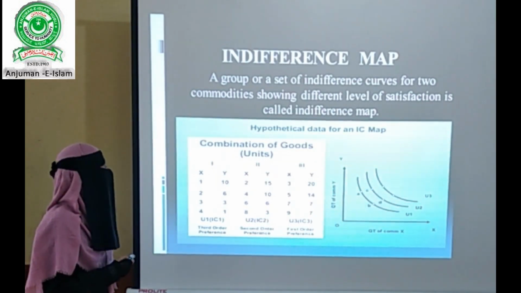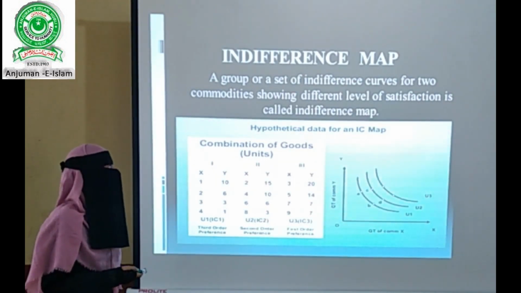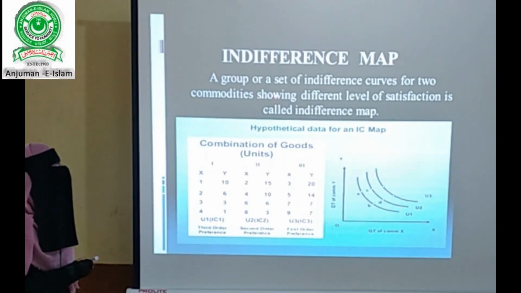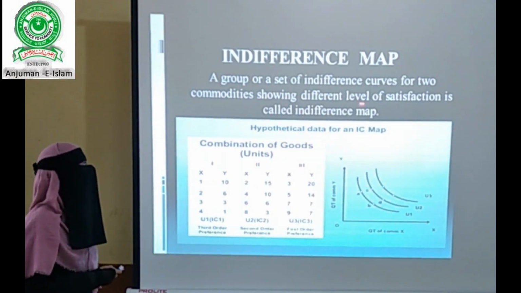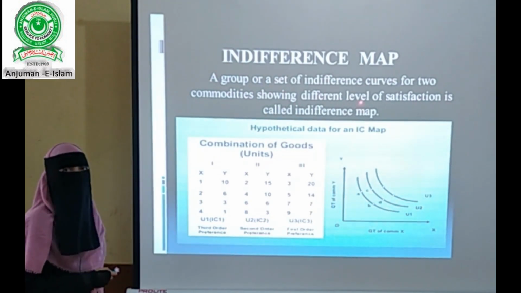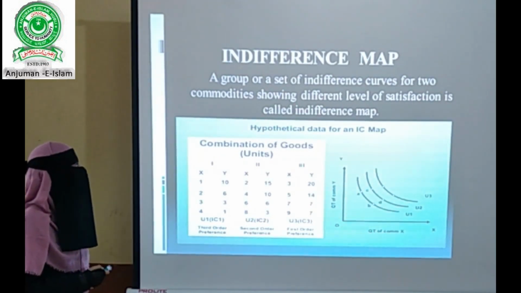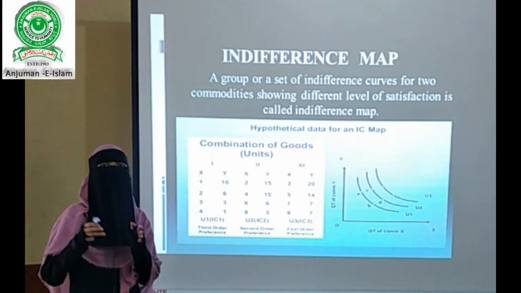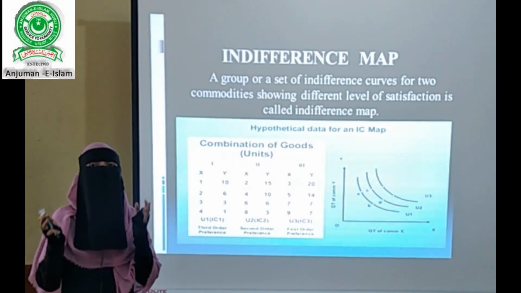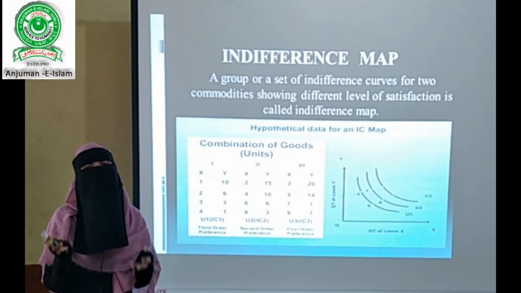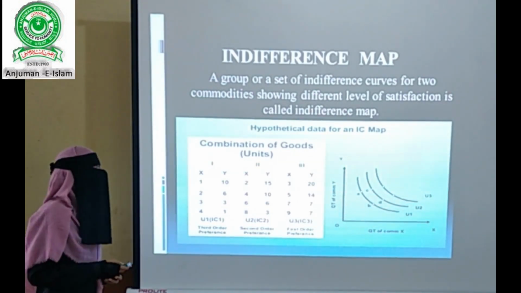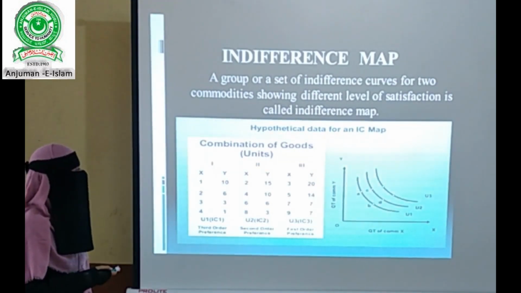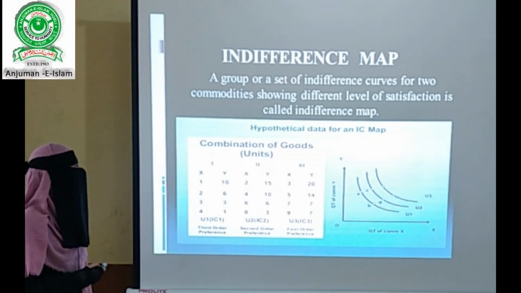The combinations of 2 commodities represented in a single diagram are called an indifference map. That can be explained with the help of a table and a diagram.